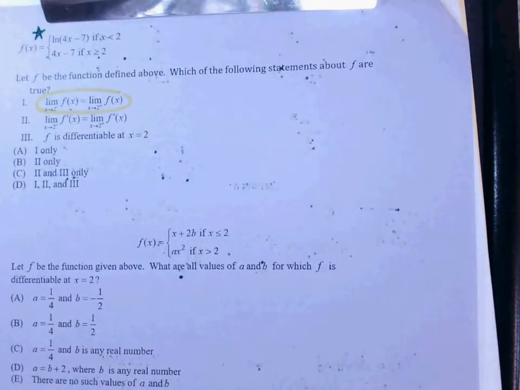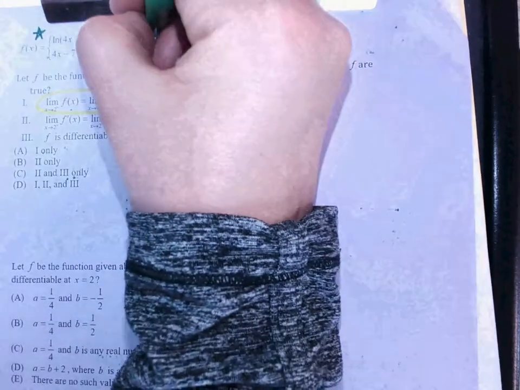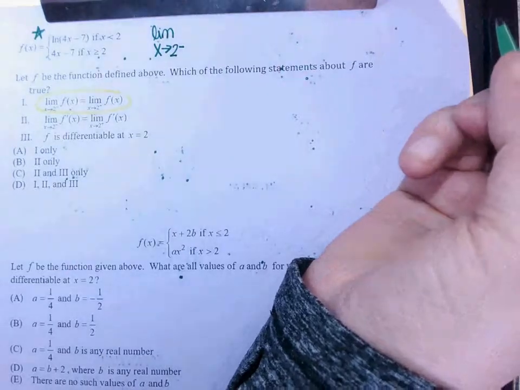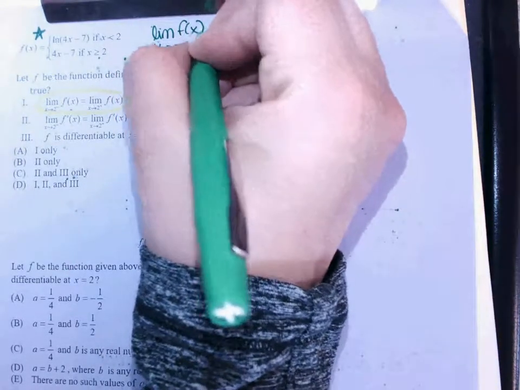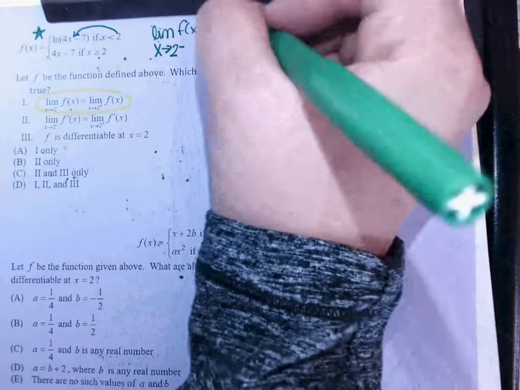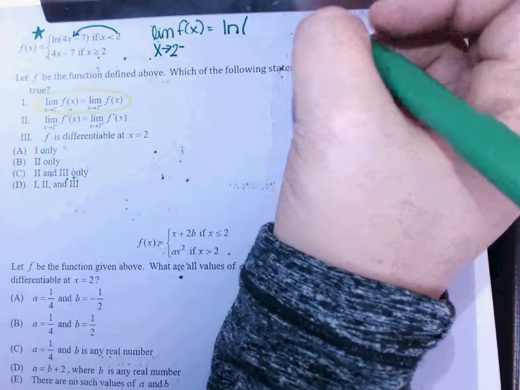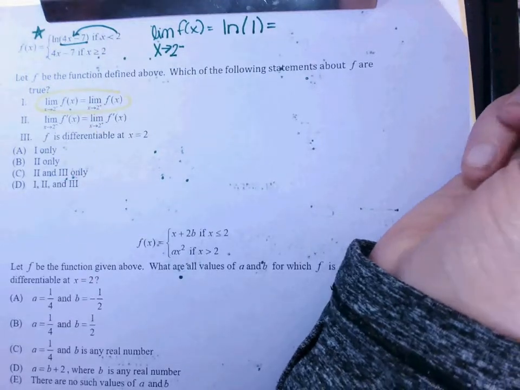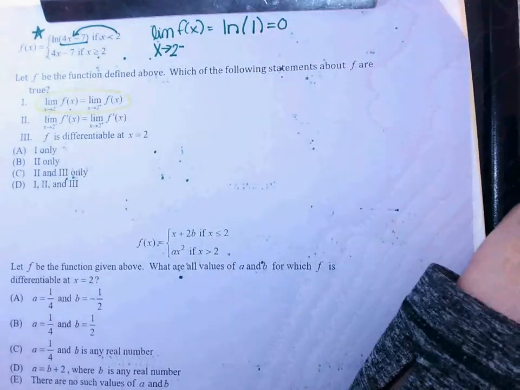I'm going to be really specific here since we're reviewing for the AP test. This would be 2 to the left, right? It would be the ln of 4, and then I'm going to plug this 2 in. So what's 4 times 2? 8 minus 7. What's 8 minus 7? 1. ln of 1. And do y'all remember what that came out to be earlier? 0.